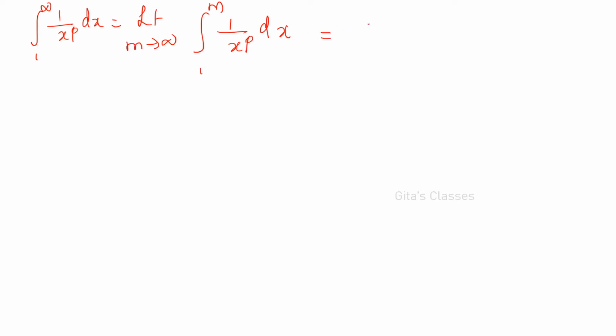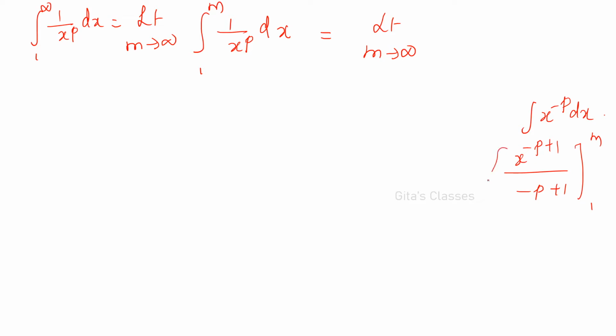This is equal to the limit as m tends to infinity. Now you are integrating x power minus p dx, right? So x power minus p plus 1 divided by minus p plus 1, from 1 to m, right?